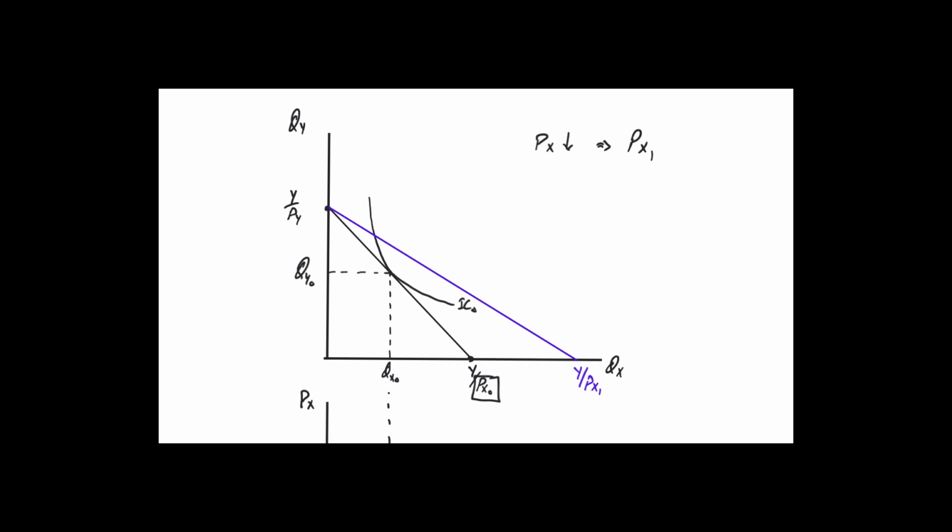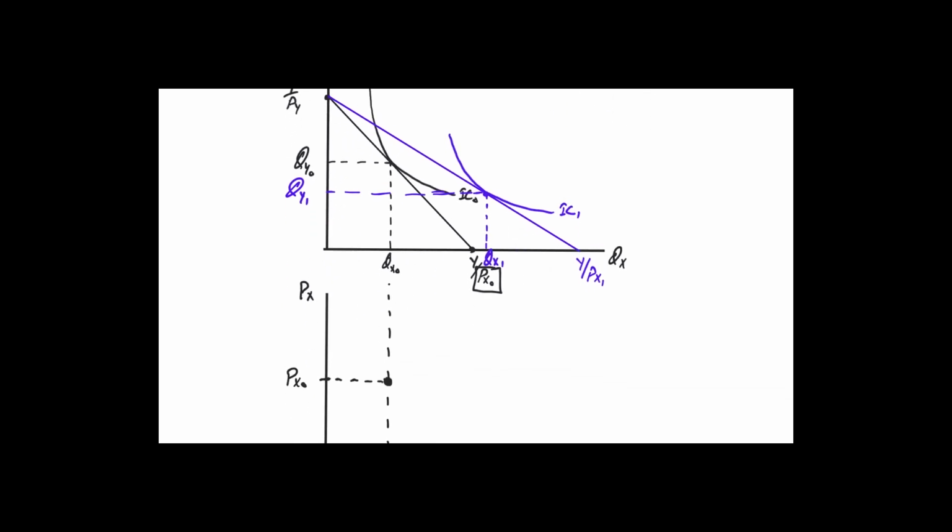You can afford more of X, and this will help me go on to a higher indifference curve and a new equilibrium with QX1 probably. Okay? And over here my quantity of Y is also going to change, but for construction of my demand for X, that's irrelevant right now.